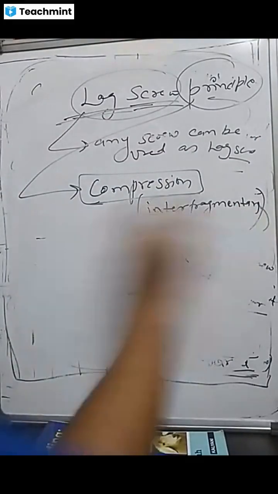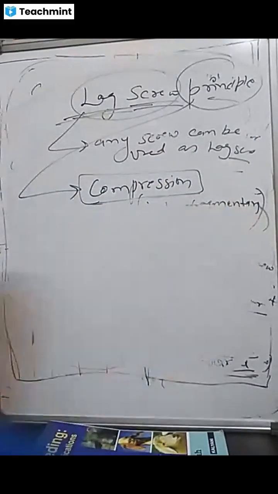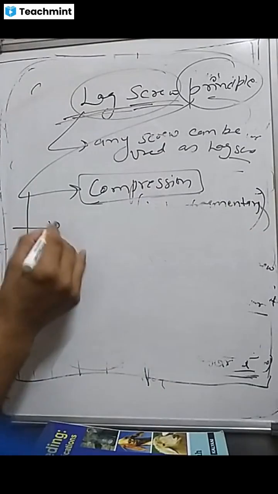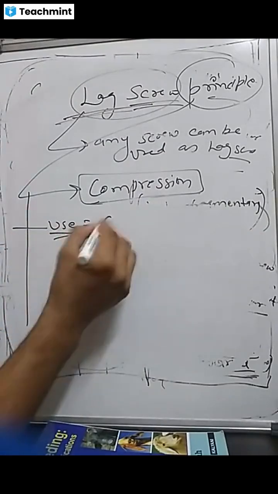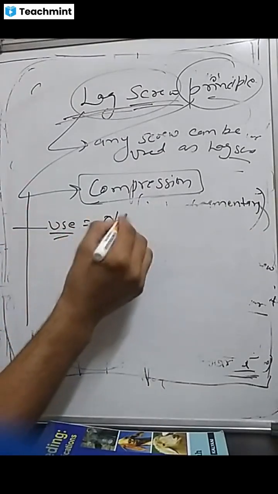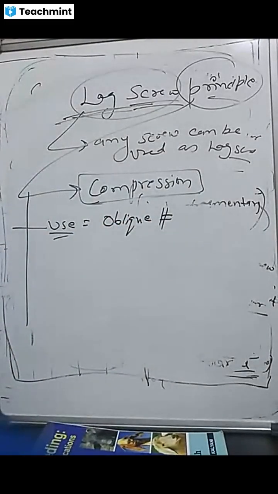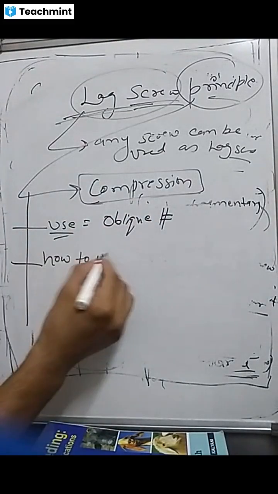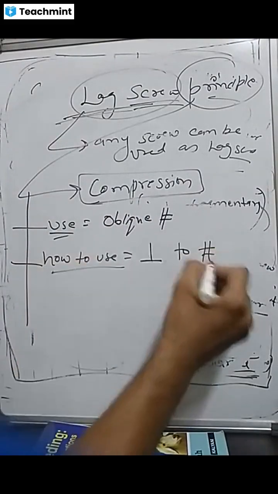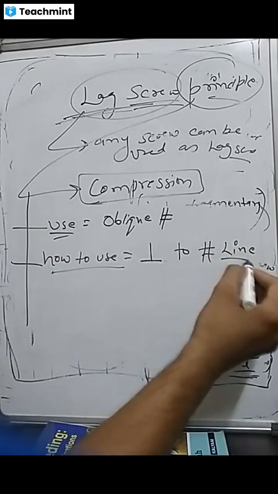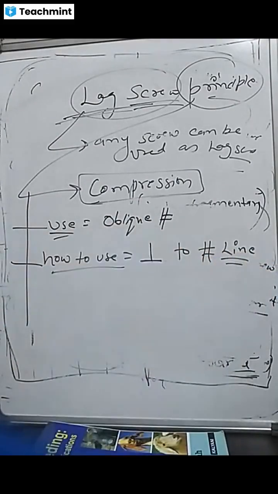So where to use it? In which kind of fractures? In the case of an oblique fracture, we use the lag screw perpendicular to the fracture line.